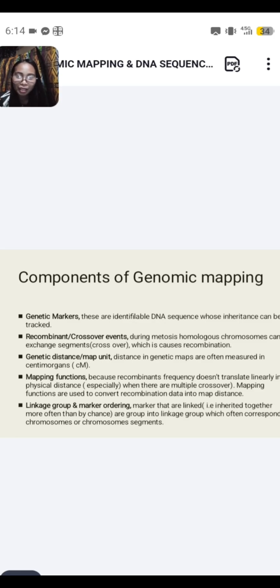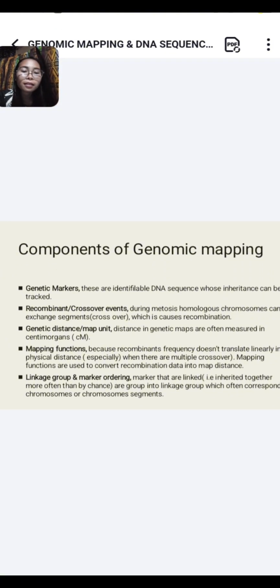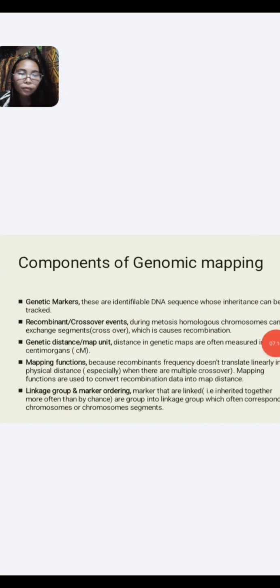For example, from a parent, who inherits those genes can be tracked.